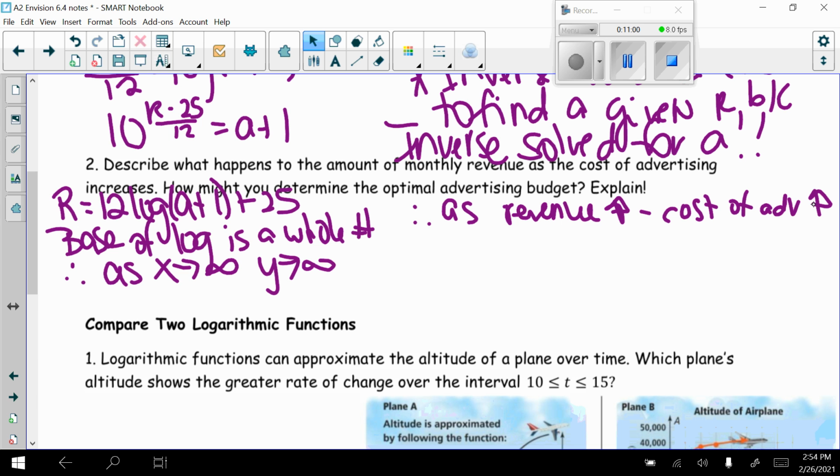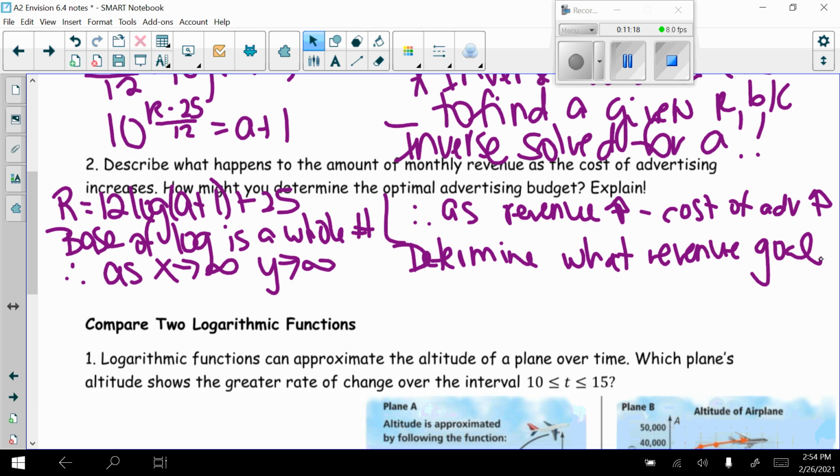Then it says, how might you determine the optimal advertising budget? Well, in order to do that, we would determine what our revenue goal is, and plug it in to find the advertising cost.